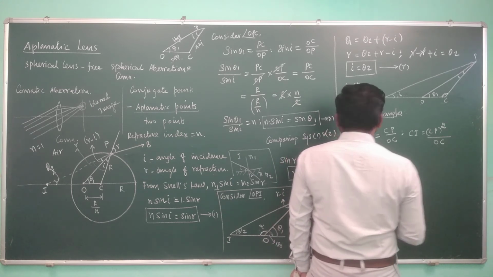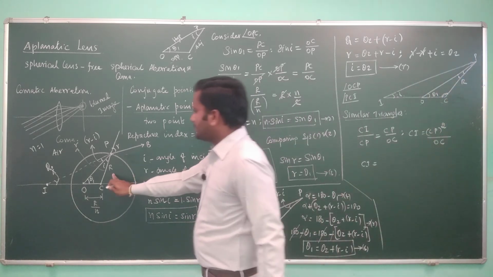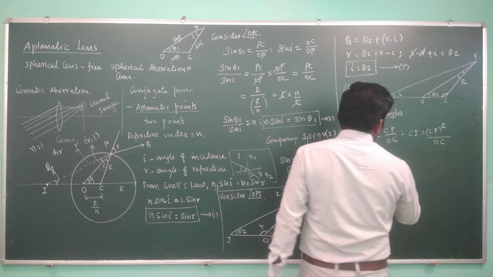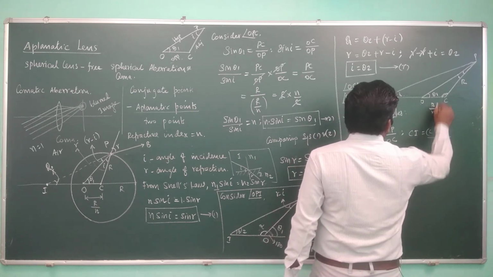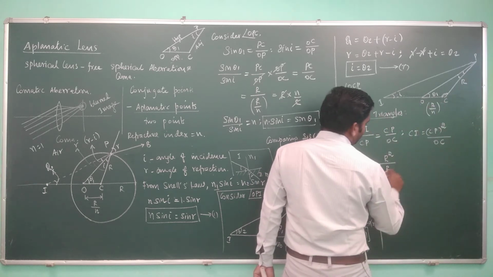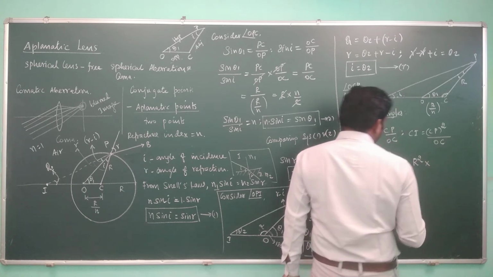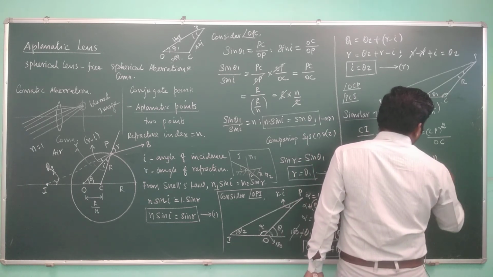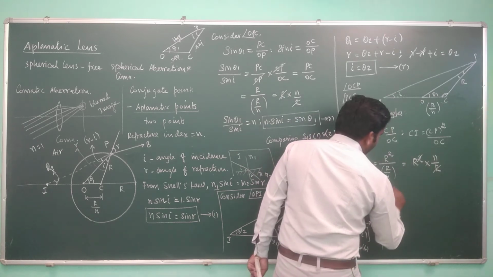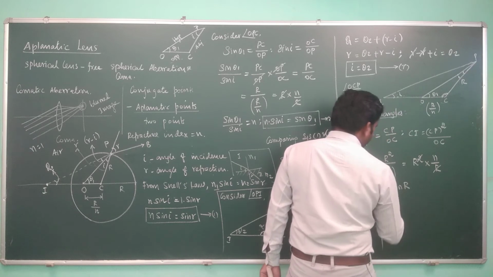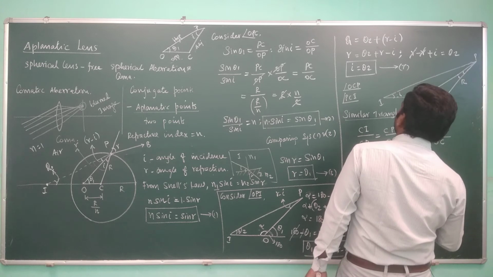And what is CP? CP is nothing but the radius of curvature, R. So it is R square, and OC is nothing but R by N, which gives R square multiplied by N by R. R square will cancel out with R. Now we have CI equal to N times R. This is equation number 8.